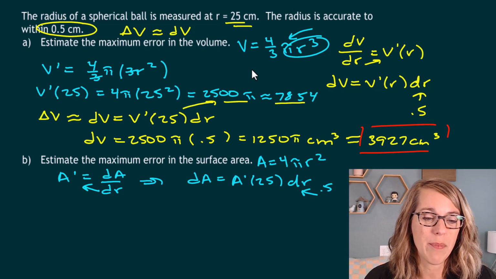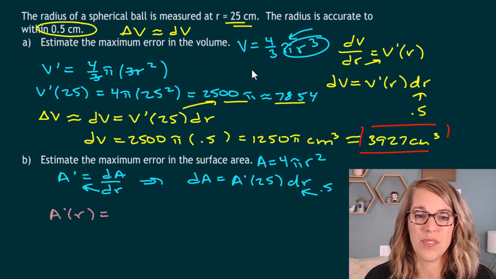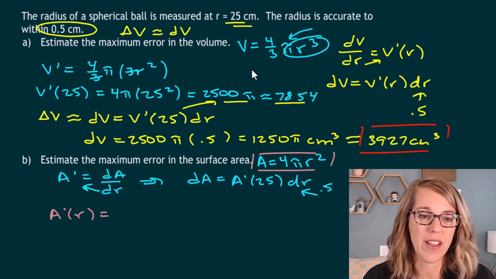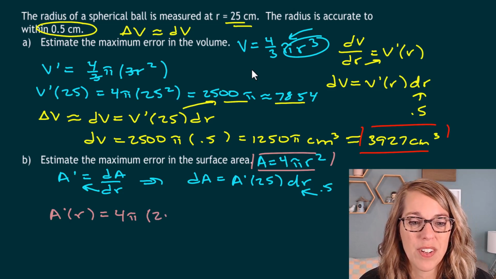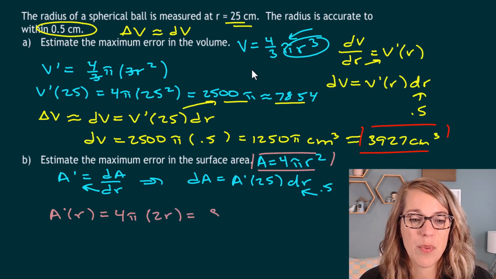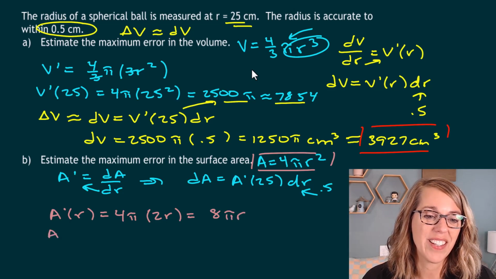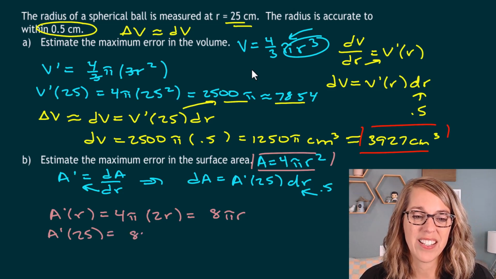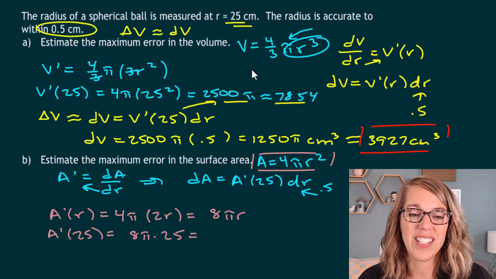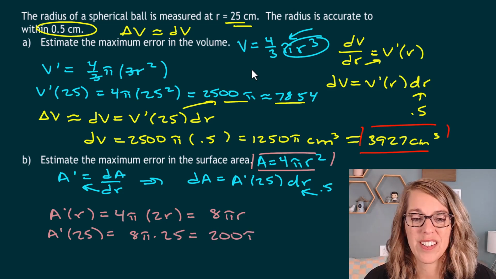So A prime of r is equal to the derivative of my area formula. So that's going to be 4 pi times r squared, taking the derivative with respect to r, so I end up with 8 pi r. If I evaluate this at 25, I have 8 pi times 25, which is equal to 200 pi.